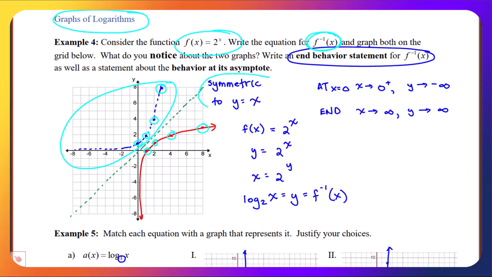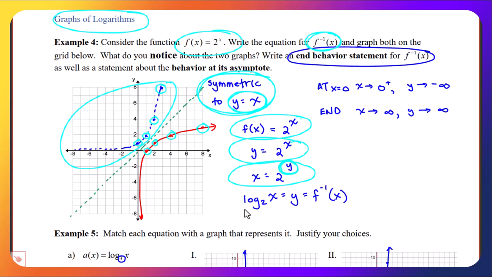So we can see, just like in all inverse functions, the graphs are symmetric to the line y equals x. The green line is the line y equals x. The blue line is the exponential function. The red one is the log function. Algebraically, remember, you take the function, replace f of x by y, switch x and y, and how do you get y by itself?